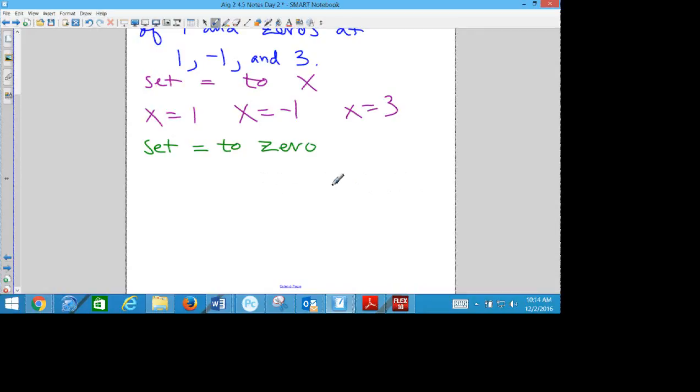Then we're going to take each of those and make them say equals 0. For the first one, where it says x equals 1, how do I move the 1 over so that it says x equals 0? I'm going to subtract the 1, so we'll get x minus 1 equals 0.